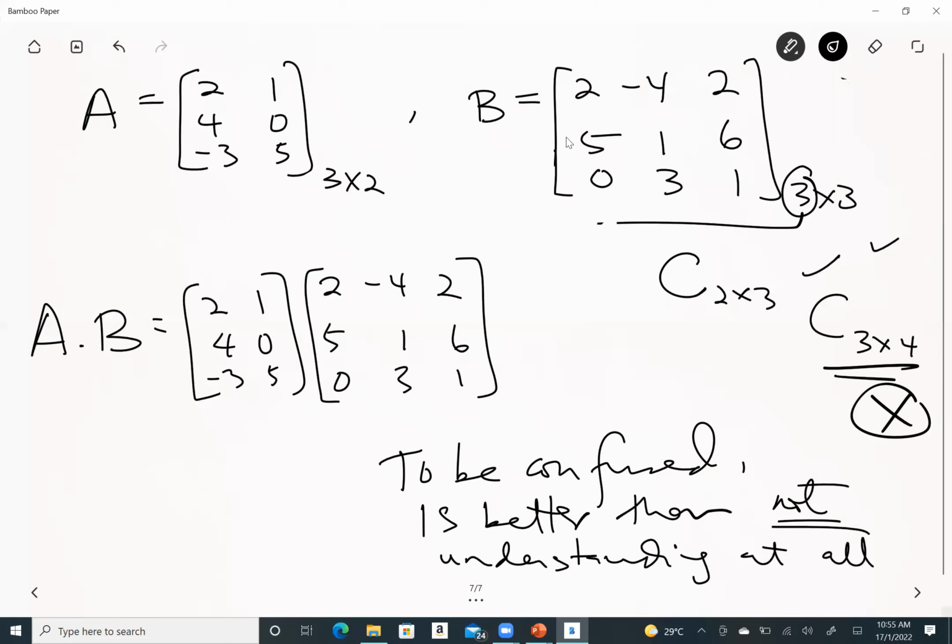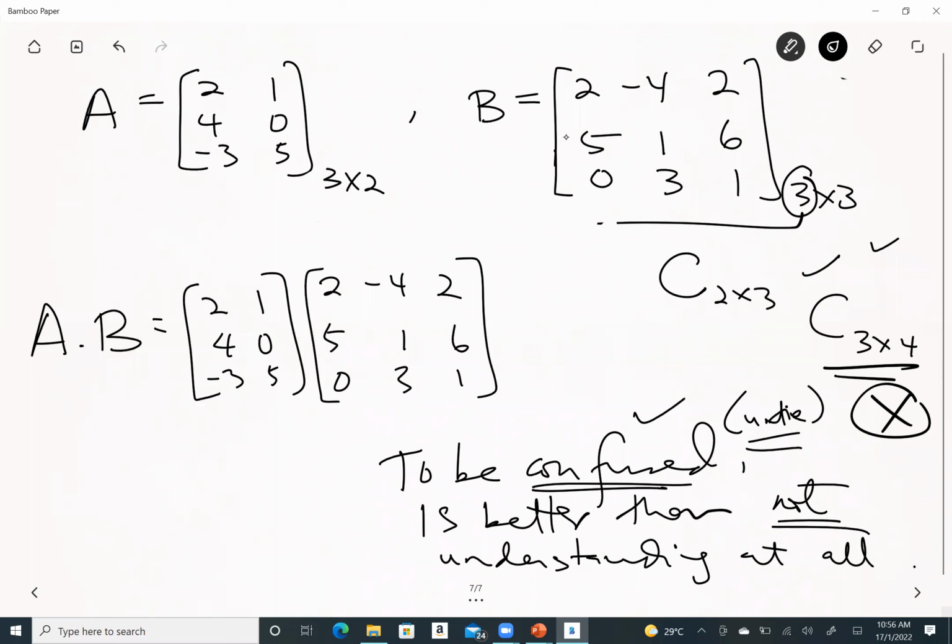If you don't understand at all, then you feel nothing because you don't understand. But if you understand partially, okay, then you may be confused. That's good, because by the confusion, that means you know something already. Then you have to untie the confusion, okay?